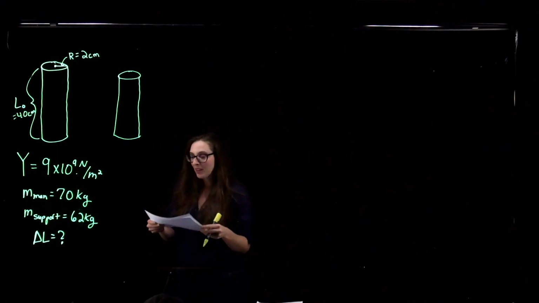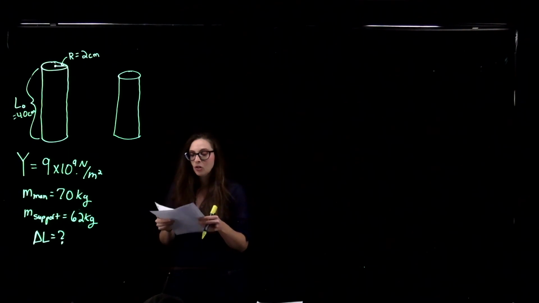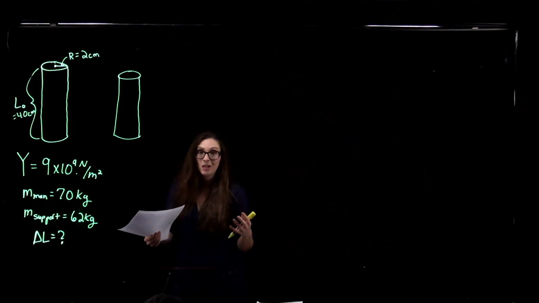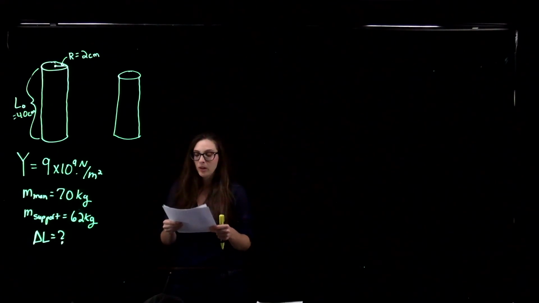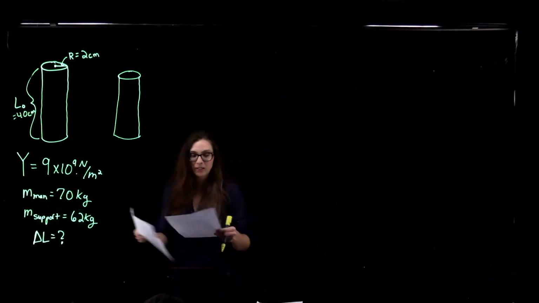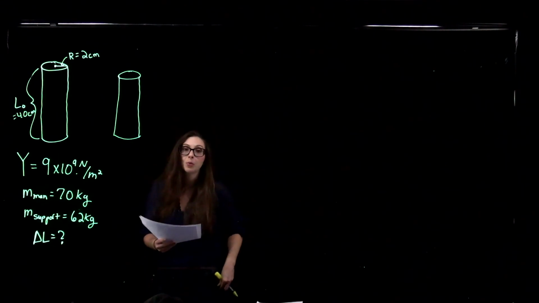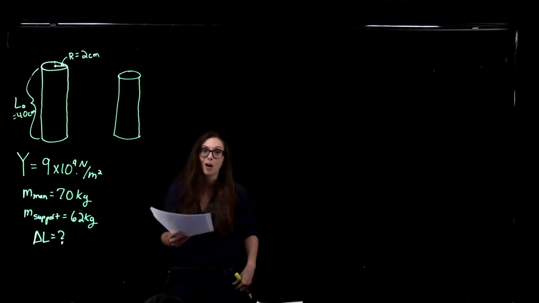Big number. And remember that Young's modulus is essentially a measurement of the elasticity of a material. So we've got all of these knowns here. We want to find this quantity that I'm calling delta L. That's how much we end up compressing our bone, the change in length of our upper leg bone.